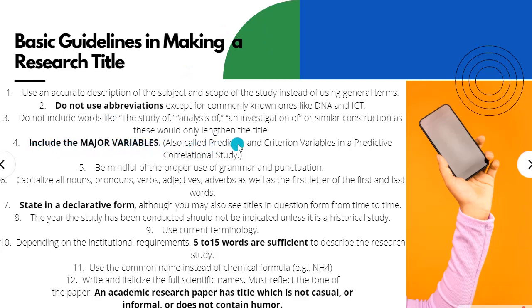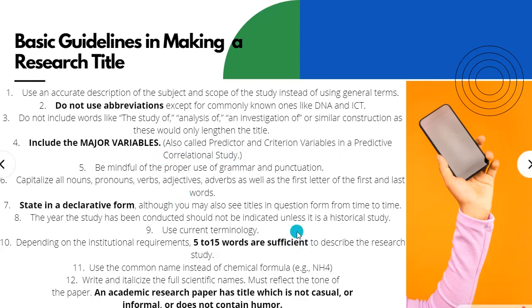They can be called predictor and criterion variables in a predictive correlational design, because again, we are using a non-experimental design. So please let us avoid using dependent and independent variables, because those terms apply if it's an experimental study, and again, we are not going to have an experimental study.